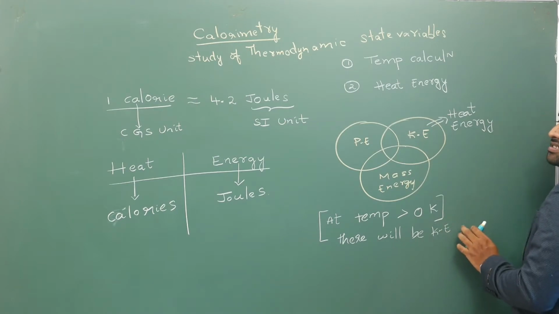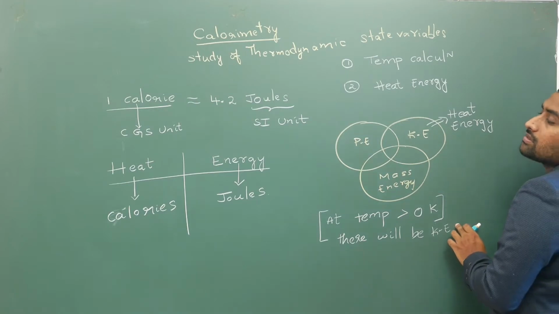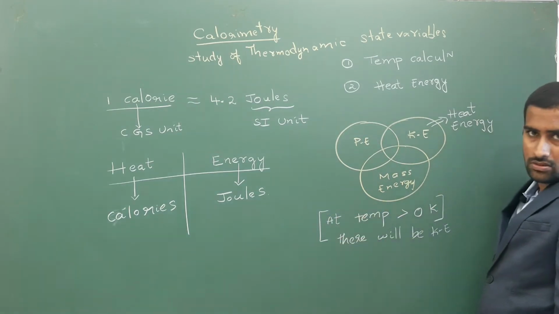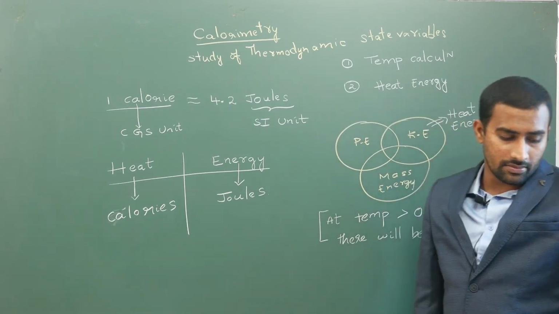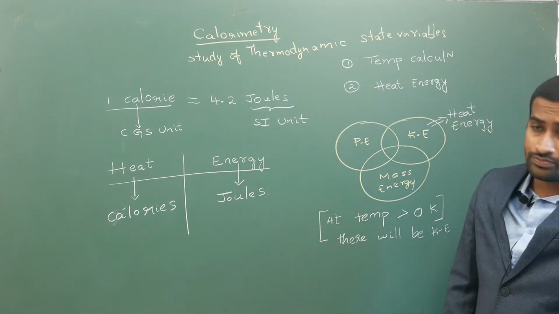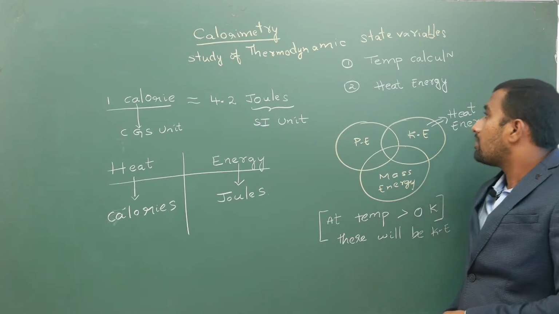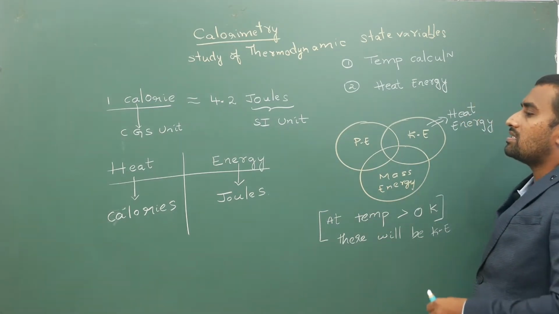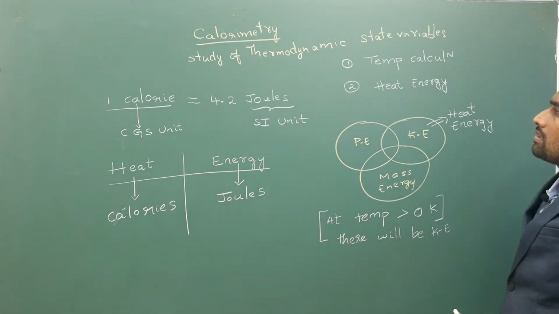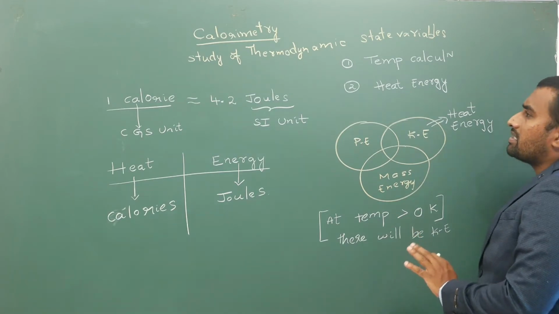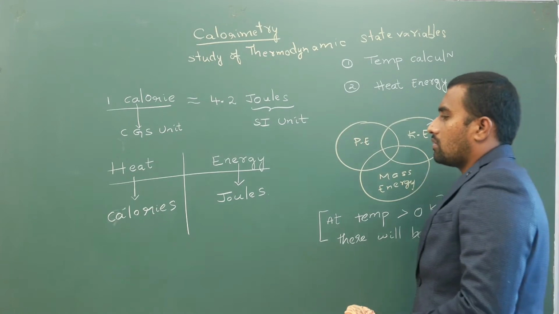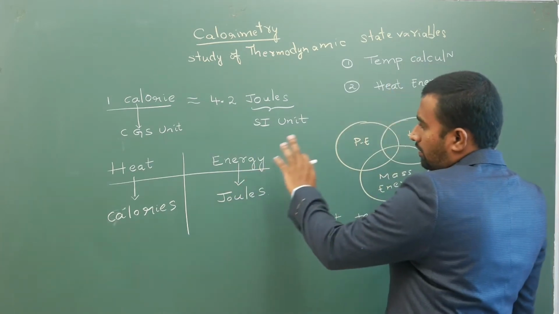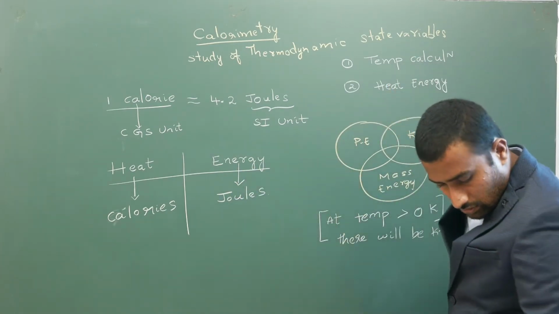This kinetic energy is nothing but your temperature related term, and if there is temperature obviously there is heat energy. So this is your basic idea of calorimetry. Keep this point in mind, and 1 calorie is 4.2 joules.